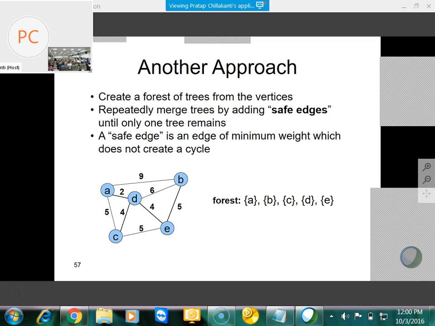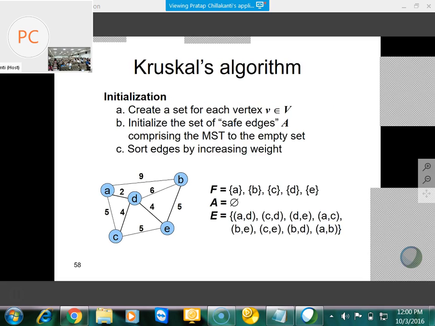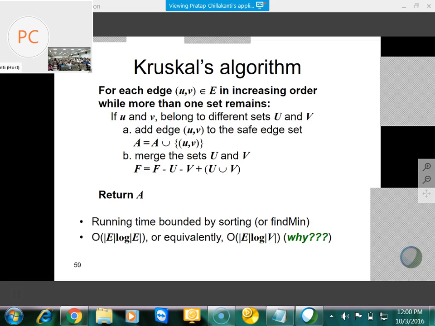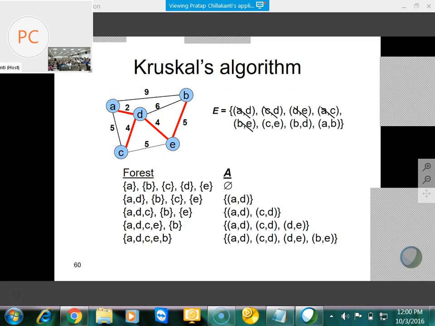There's another way of doing it. I'm not getting into too much detail. I put the slides, but we will leave it like that. That is Kruskal's algorithm. I gave you the same illustration, and there's an algorithm, and I give the trace of how it is done.